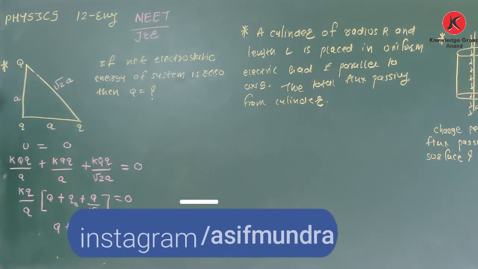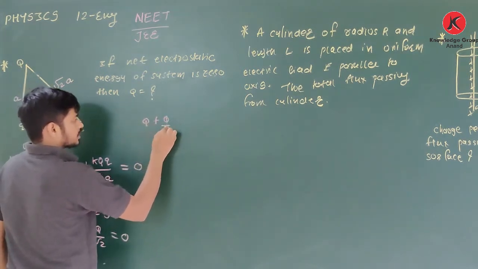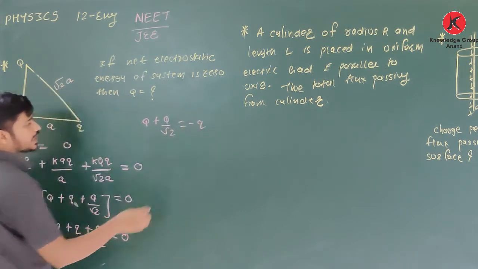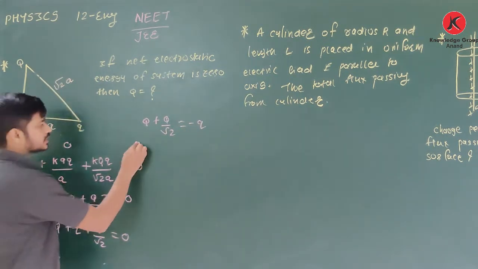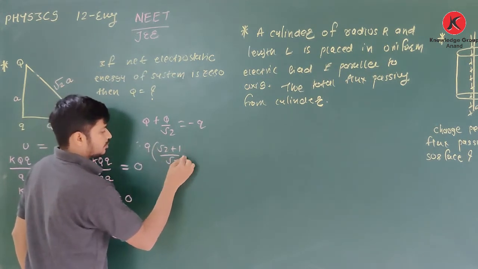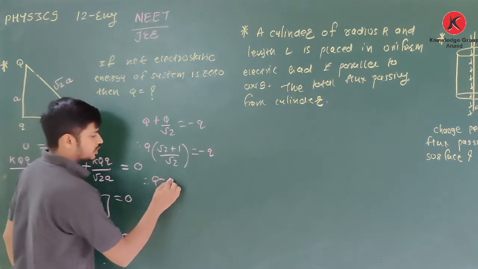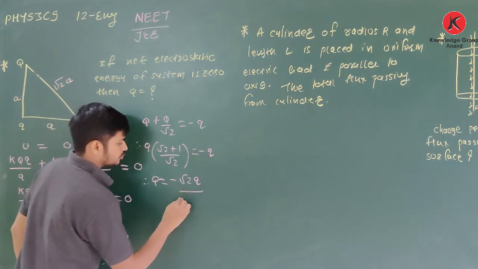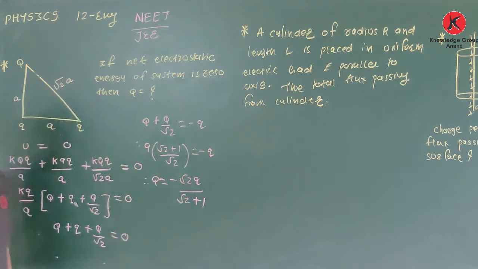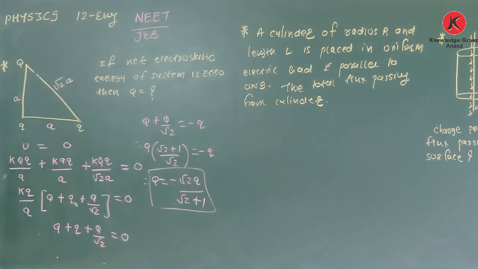Clear about this? Yes, we have to find the value of capital Q. Then how to find it? I will take this Q on the opposite side. Then it is Q plus q upon root 2 is equal to minus Q. Taking Q common, here it is root 2 plus 1 upon root 2 is equal to minus Q. So therefore Q is equal to minus root 2 q upon root 2 plus 2.